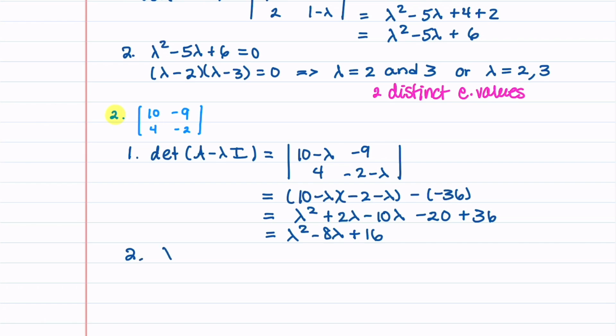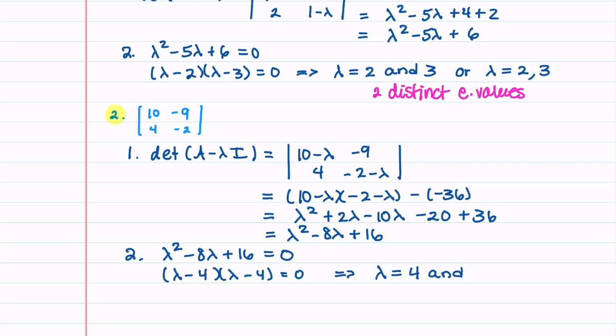For our second step, we take our characteristic polynomial and we just set it equal to 0 and solve for lambda. Looking at this, we can see that we can factor this as lambda minus 4 times lambda minus 4, and that gives us lambda is equal to 4 and 4.